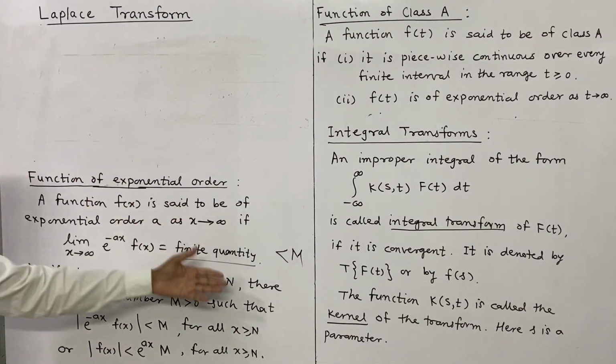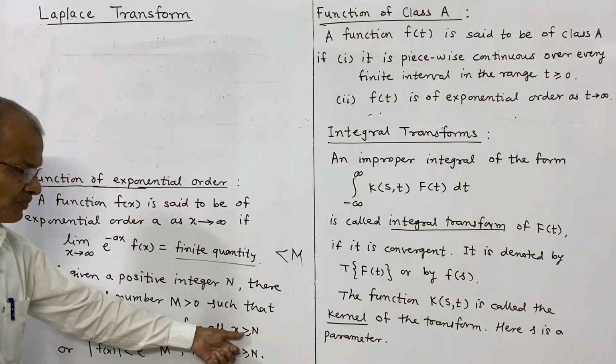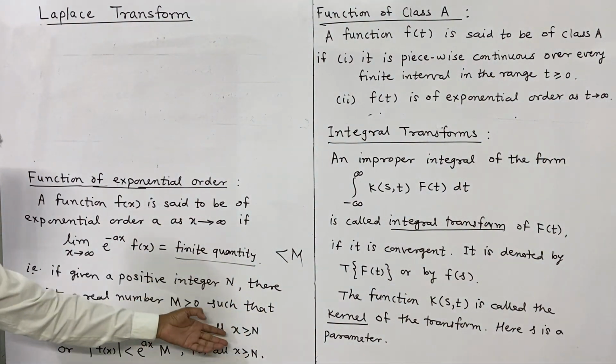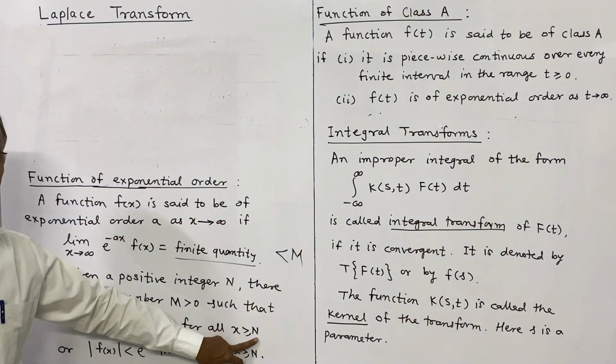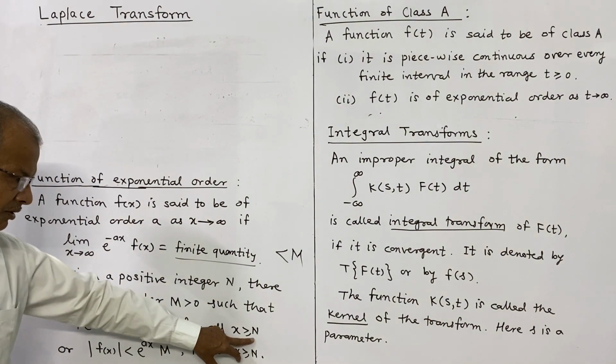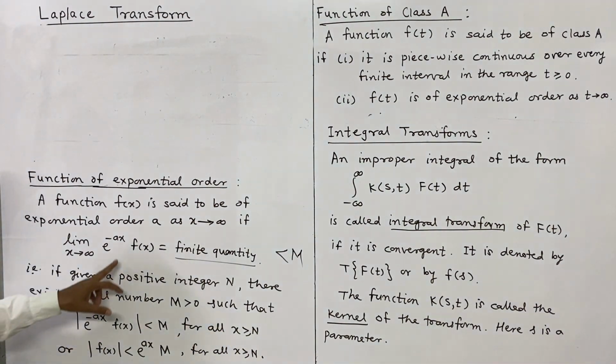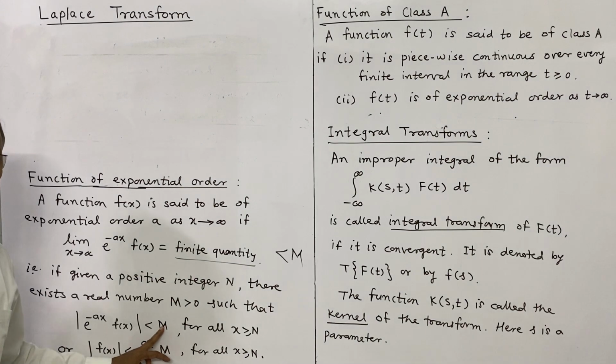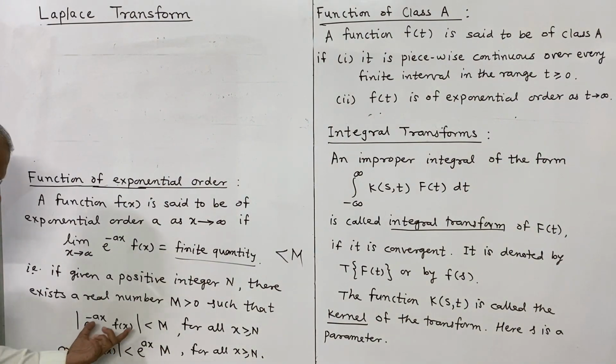So after some positive number N, maybe 100, 1000, etc., for x greater than or equal to that number, the absolute value of this product is less than a real number M. That means this quantity is finite. That is the meaning written in other words, in inequality form.